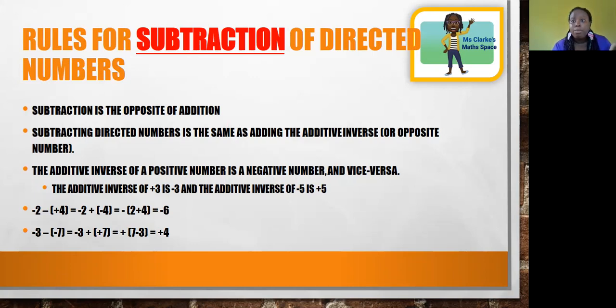According to rule number 2 in addition of directed numbers, when they have different signs, you find the difference between the 2 numbers and you keep the sign of the larger number, the larger absolute number. So 7 minus 3 is 4, and the larger number here being 7 is plus. So you're going to have positive 4 being your answer.